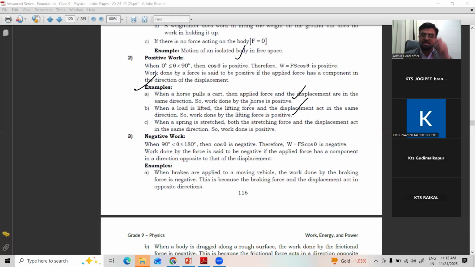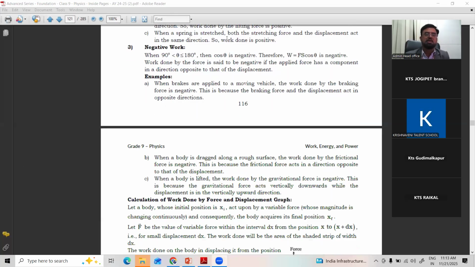When a spring is stretched, both the stretching force and displacement act in the same direction. With a weight attached to a spring, wherever the force stretches the spring, the displacement happens in the same direction. So these are examples of positive work done. If the force applied and displacement are in the same direction, the work is said to be positive. Clear?